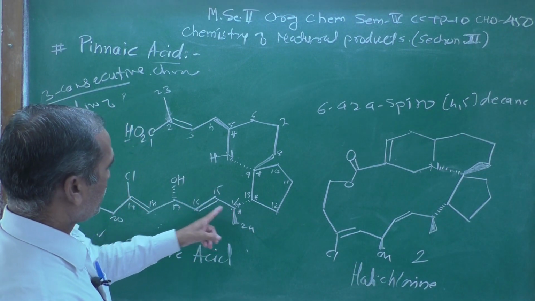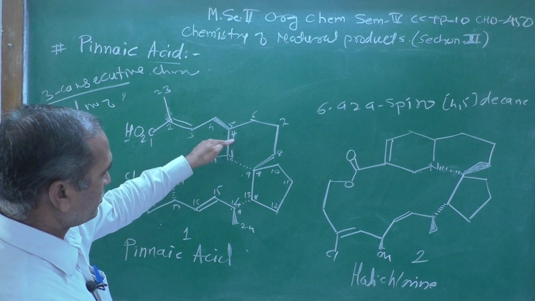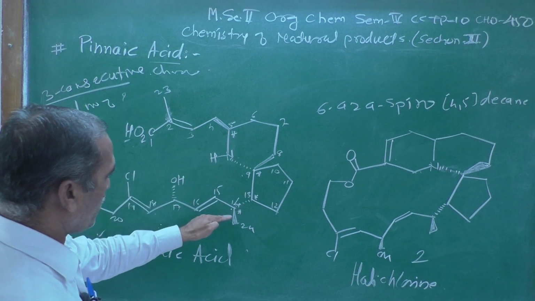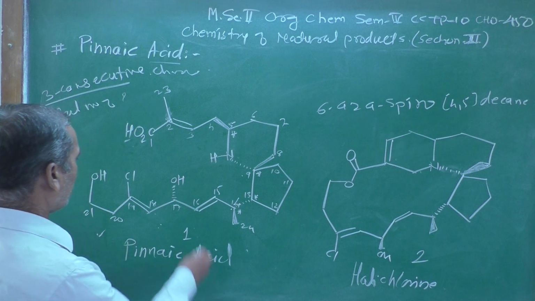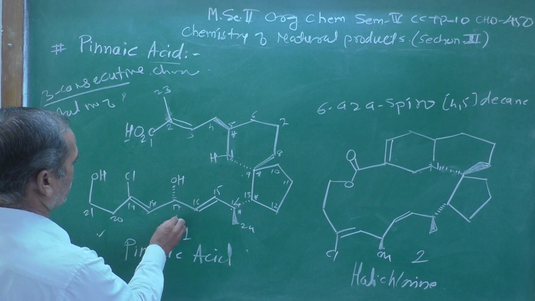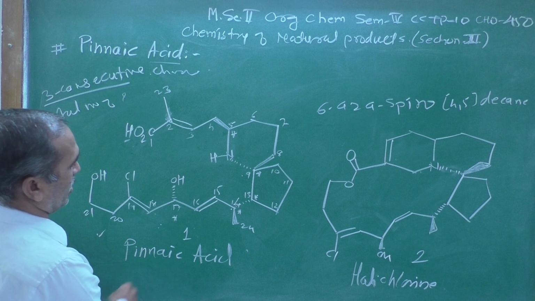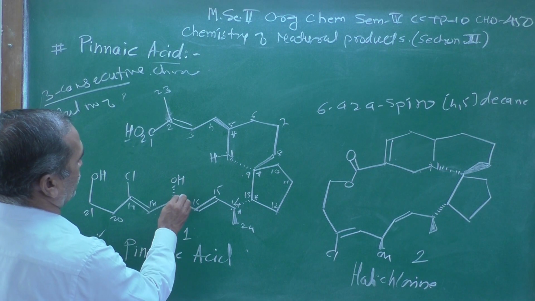Now see this side, here we found one chiral center. Now on this side, look at carbon number 17, there is one chiral center. I am labeling it over here.